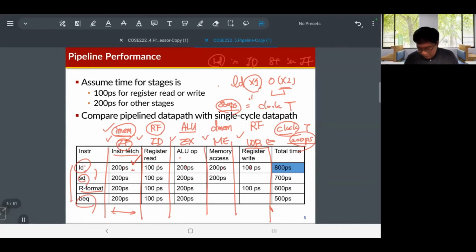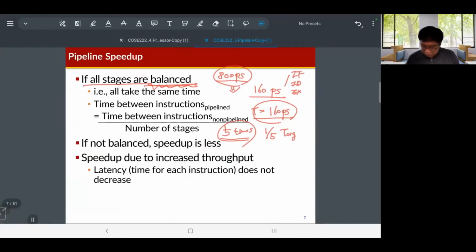So in this example, we need to set the clock period as 200 picosecond, which means that the speed up is less than 5 times. So this is the maximum speed up of the 5-stage pipeline, but the actual speed up is about 4 times. It is because the delay of the data path elements is not balanced.